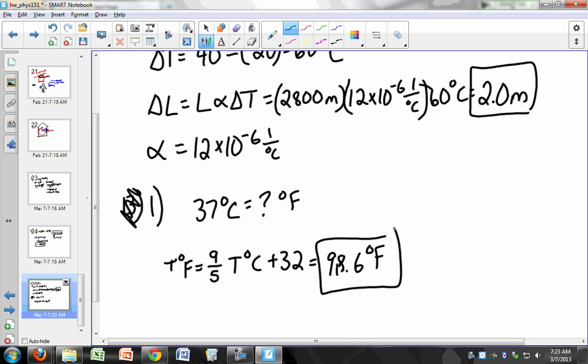To be expected. And what is the temperature in degrees Celsius of a person with a fever of 104 degrees Fahrenheit? So 104 degrees Fahrenheit equals how many degrees Celsius?